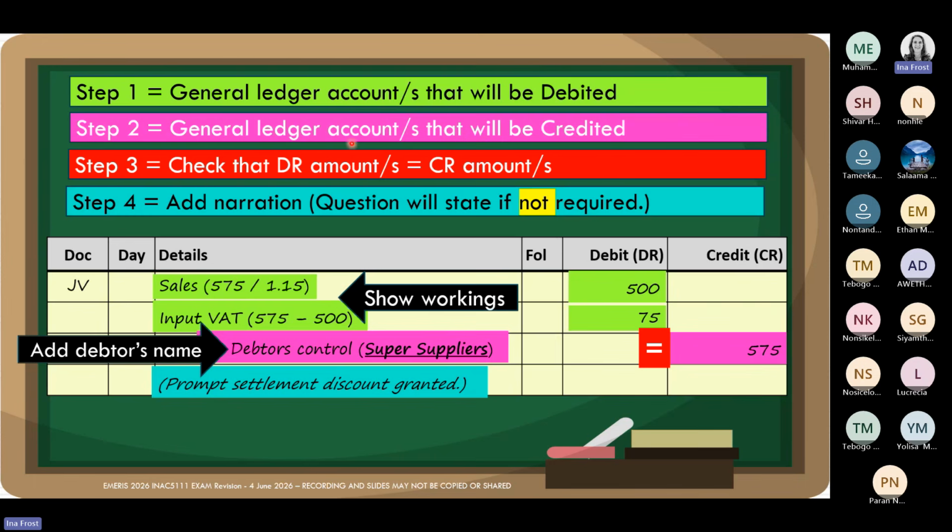Which general ledger account or accounts are you going to credit? Make sure your amounts are equal and write down your narration. And again, remember, for names of general ledger accounts, you will go back to that example 2.10 to make sure you know exactly what is the name of a general ledger account.